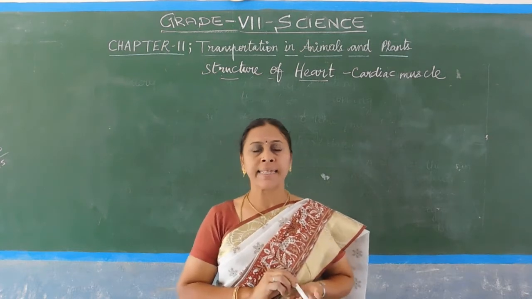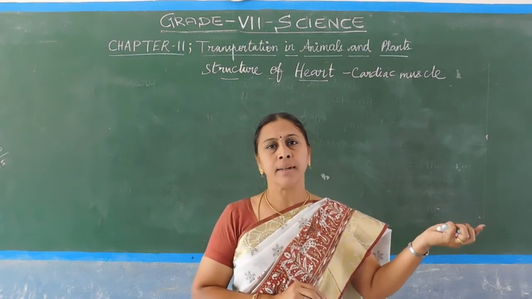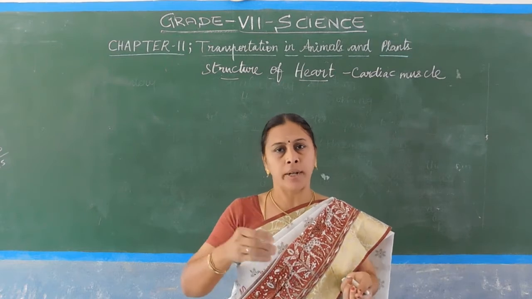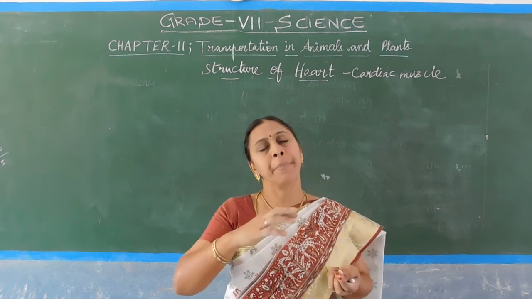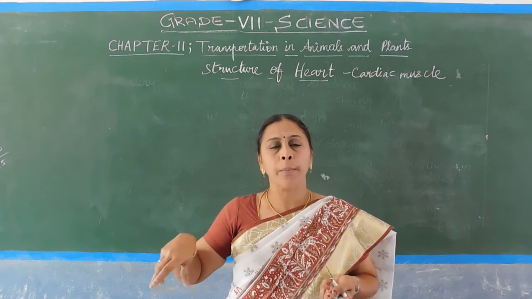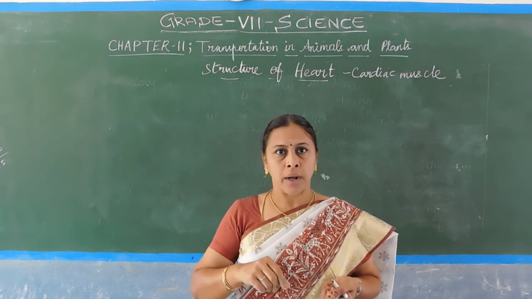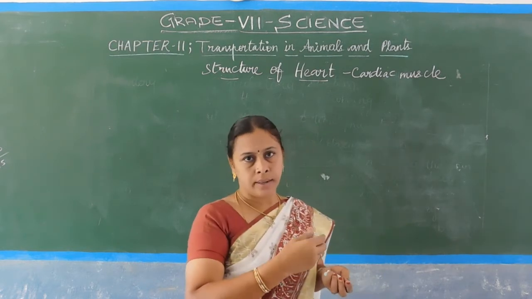Hope you all understand the 3D structure and the structure of the heart, the arteries and veins, how the capillaries are distributed throughout the body, and the location of the heart. I will again repeat that.